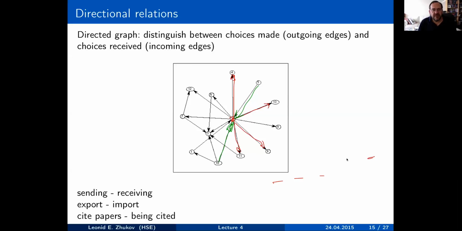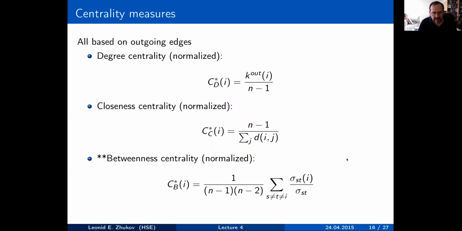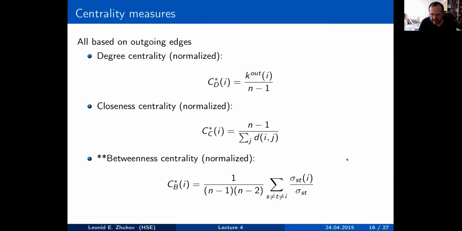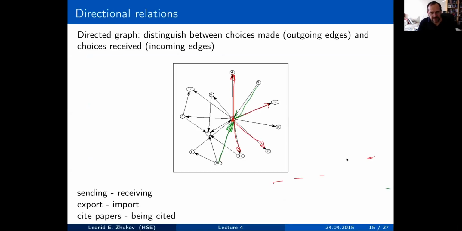So within directed relationships, you can actually do two things. Okay, with directed relationships, you can do two things. You can talk about what's called centrality, as we talked about it before, and also you can talk about this notion of prestige.